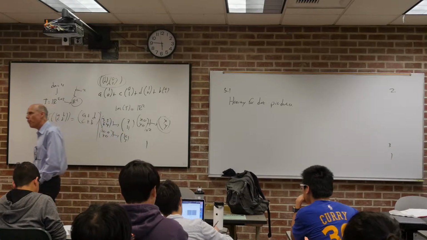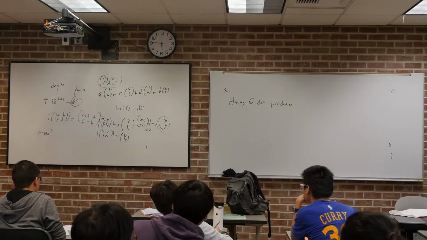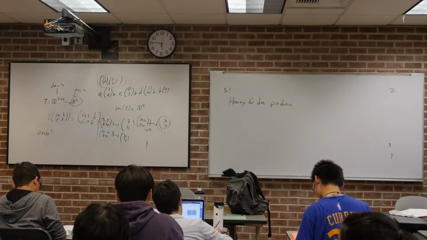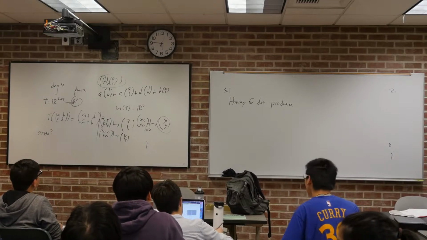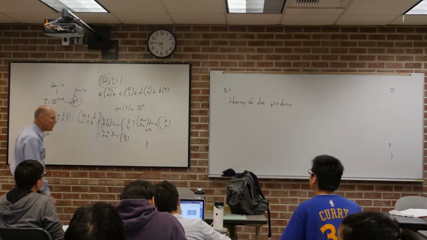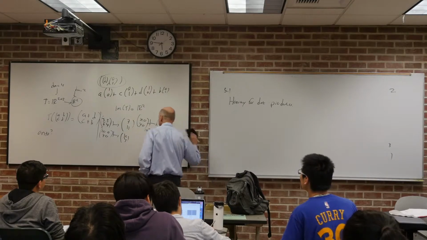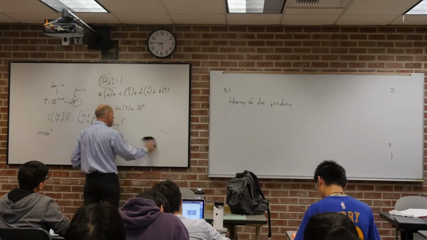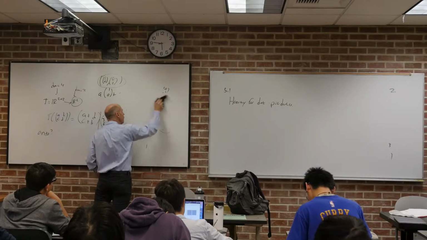So I think about 5.1, which is a good way to start, is I'm going to sing hooray for dot products. You guys remember what a dot product is? Yeah. That's what we can use it for.